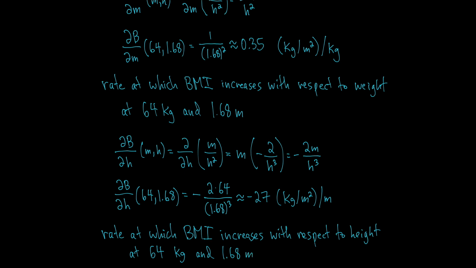So that means that if this person kept their weight constant and just grew a couple inches or somehow lost a couple inches, then, well, let's say they grow a couple inches, and their body mass index decreases, which makes sense because if they're taller but they weigh the same amount, their BMI should go down. But if they were to somehow lose height, then their BMI would go up because their weight hasn't changed.